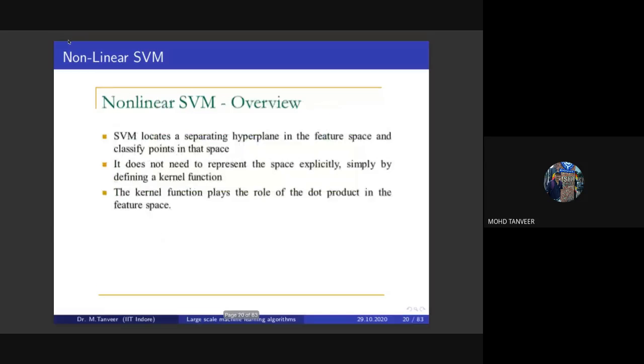So in overview, SVM locates a separating hyperplane in a feature space and classifies points in that space. It doesn't need to represent the space explicitly, simply by defining a kernel function. And the kernel function plays the role of a dot product in the feature space, the high dimensional space. These are the advantages we have seen so far.